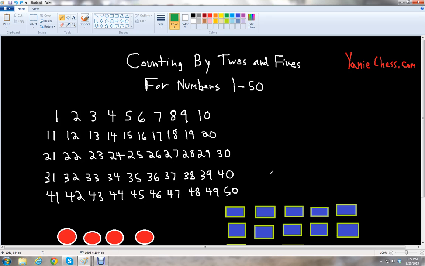So those are all the numbers, just counting them one at a time from 1 through 50.